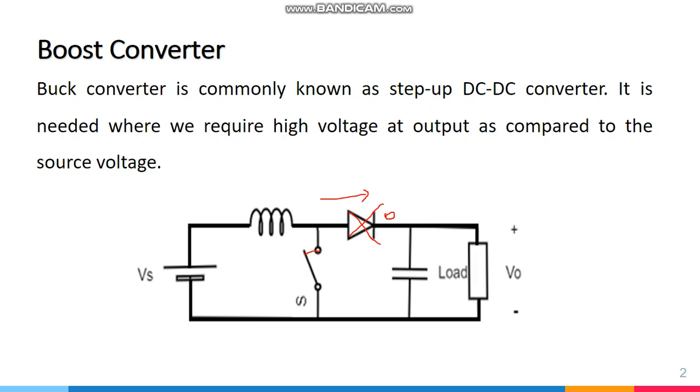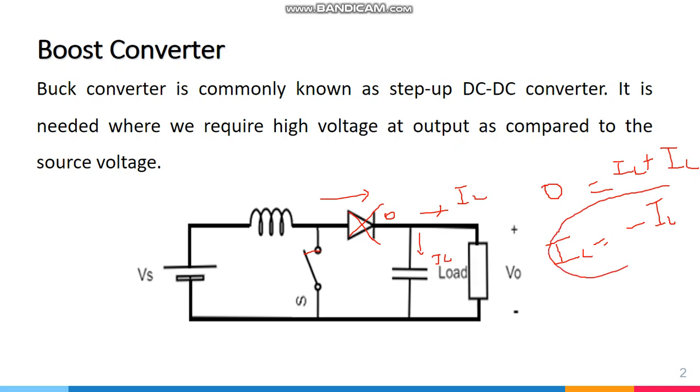In that case, you can say that this is dividing into two paths. This is capacitor current and this is load current. 0 is equal to load current plus capacitor current. So capacitor current is equal to minus load current.